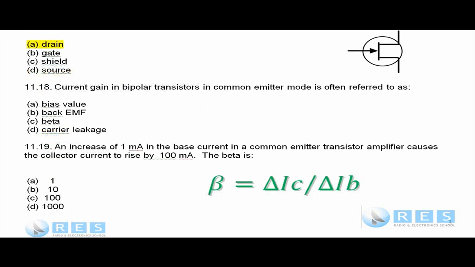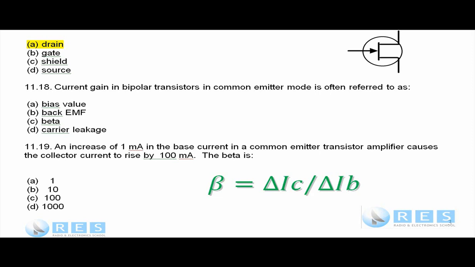So a transistor, this is 11.18, a BJT transistor is a current amplifier. It's changes of base current that produce changes of collector current. Now if you change the base current from 10 to 20 milliamps, that's a change of 10 milliamps.